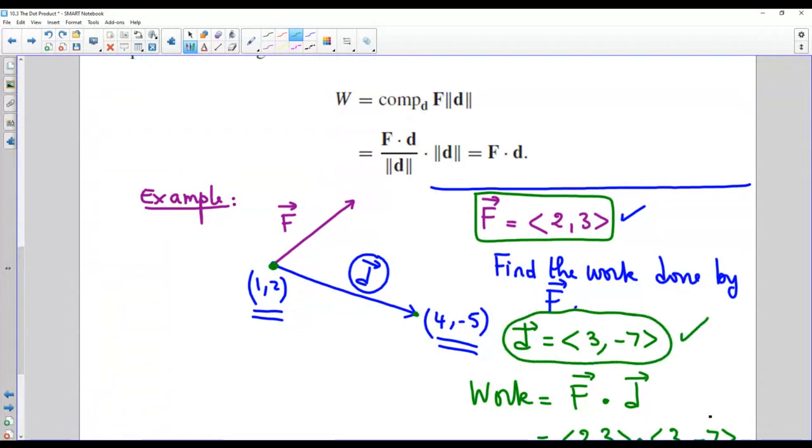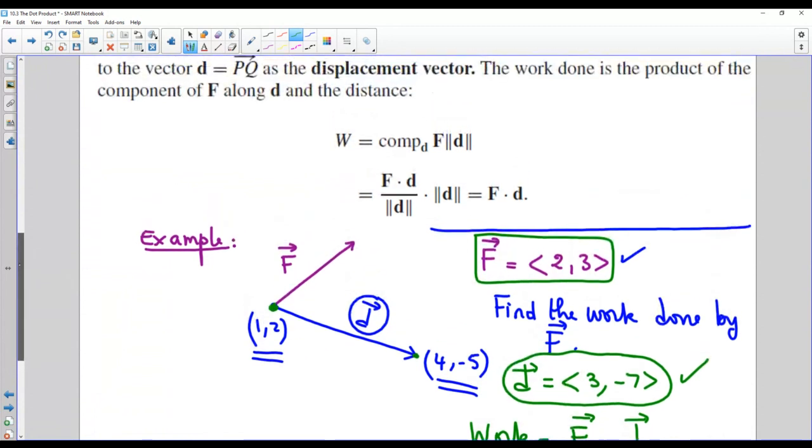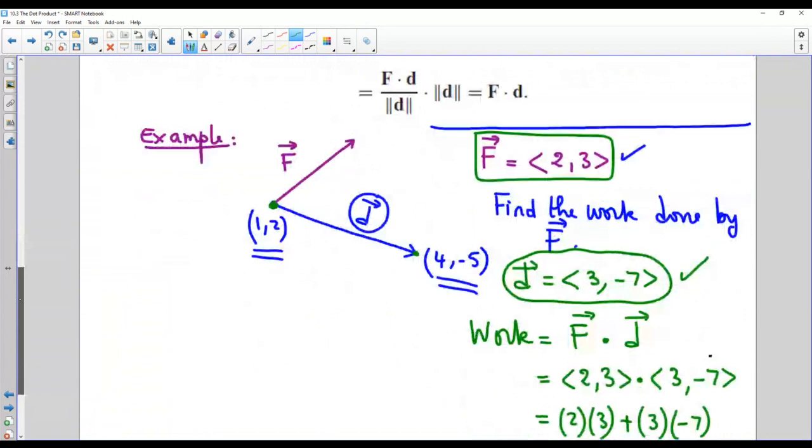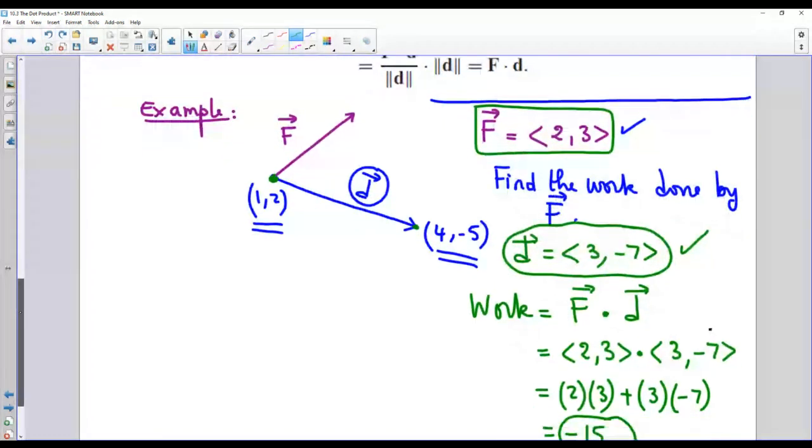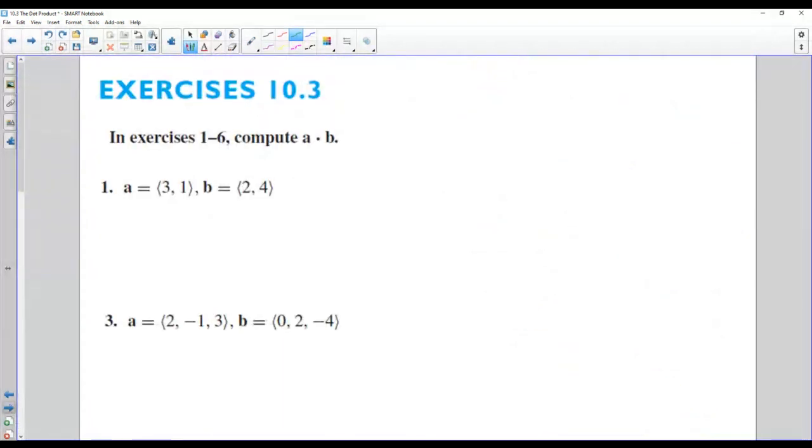If the force and D are vectors, you just find their dot product, and that will be the work done by that force. Okay, so that is basically what was here.